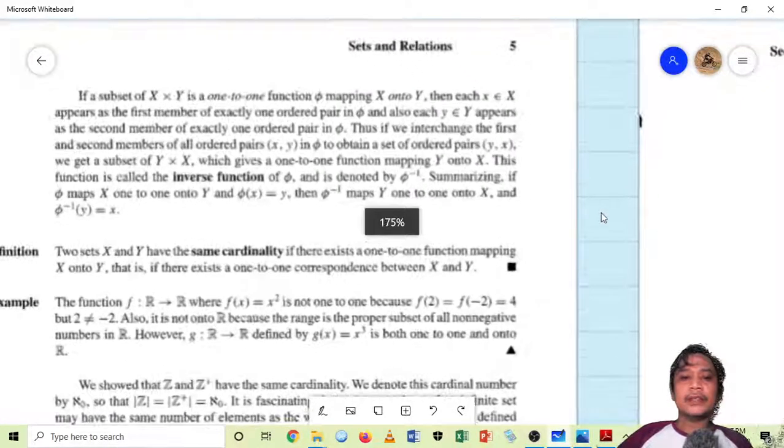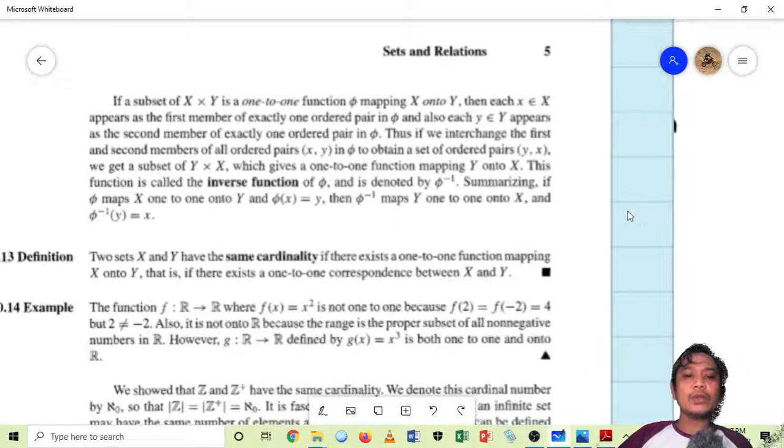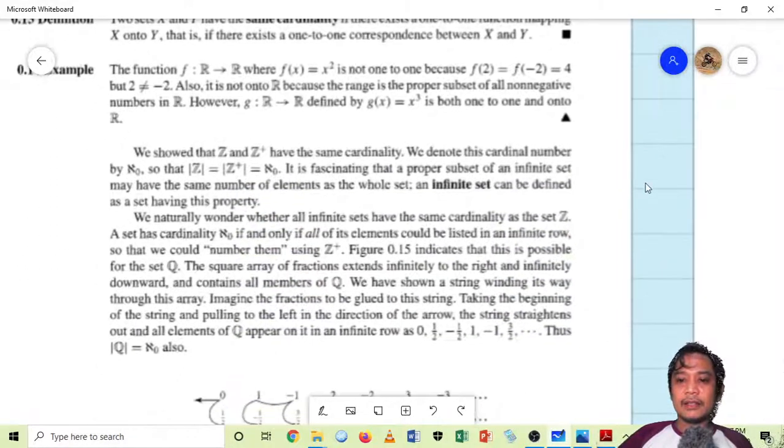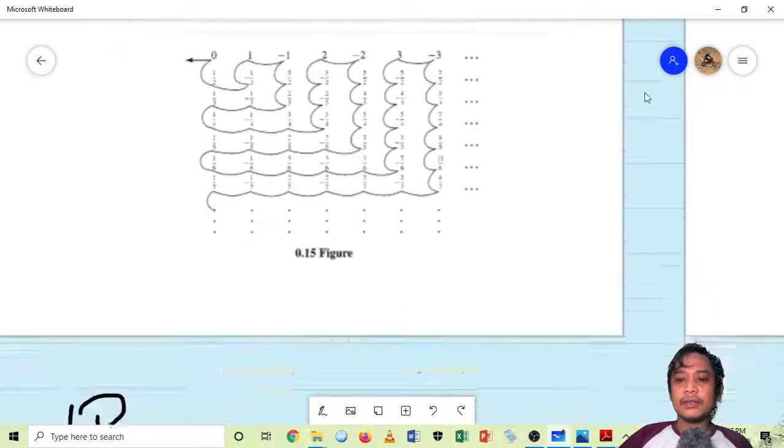Now, if phi is a one-to-one function, meaning one element in the domain is being paired with exactly one element in the codomain, and each element in the image has only one pre-image. Let me illustrate that using a diagram.